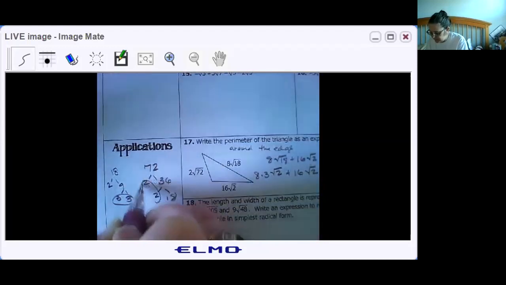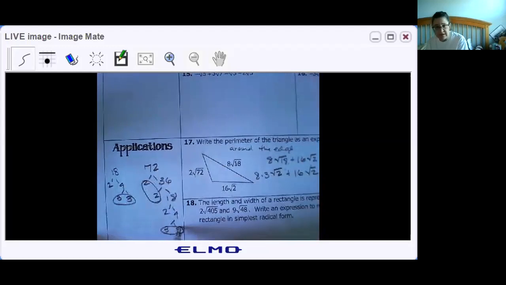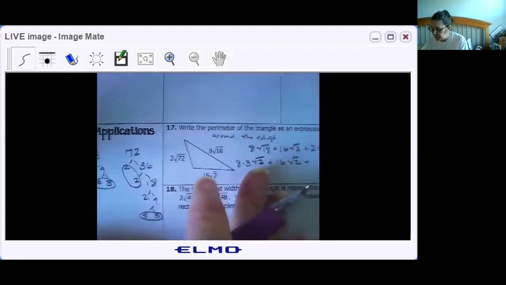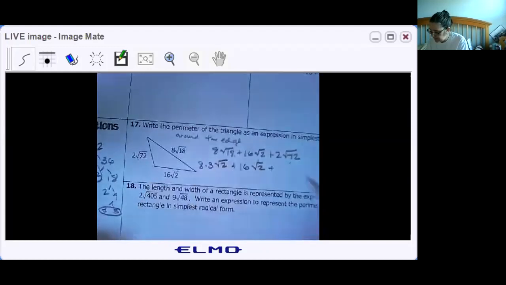So I have a set of 2's, and I have a set of 3's. So now I'm going to go over here, and I'll write the 2 I already had. The square root of 72 in simplest radical form is 2 times 3 times the square root of 2.